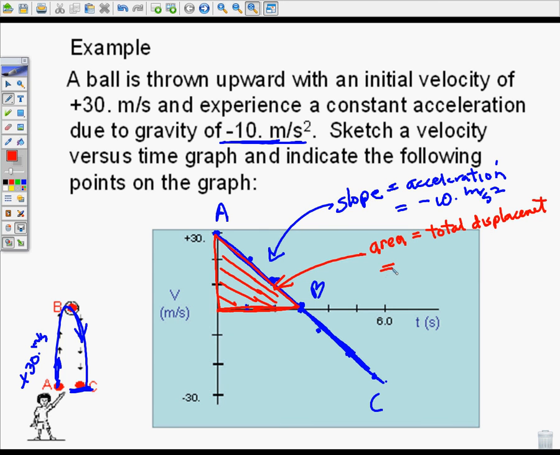This time the area is a triangle, so it would be 1/2 base times height. If I'm just doing this little piece right here, it would be 1/2 times 3 seconds times the height, positive 30 meters per second. 3 times 30 is 90 times 1/2, plus 45 meters.